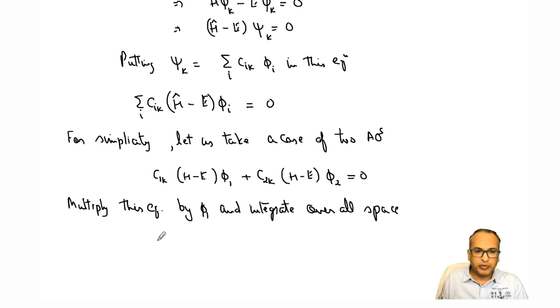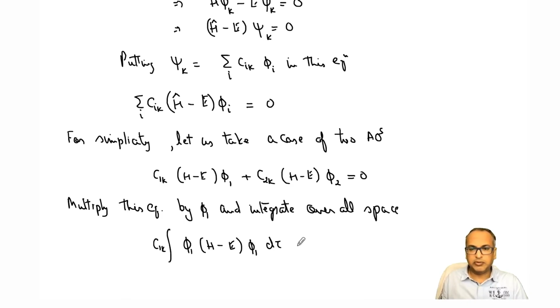So what do we get? We'll get C1K integral phi 1 (H minus E) phi 1 d tau. So this is integration over all space. Then we have plus C2K integration phi 1 (H minus E) phi 2 d tau equal to 0.